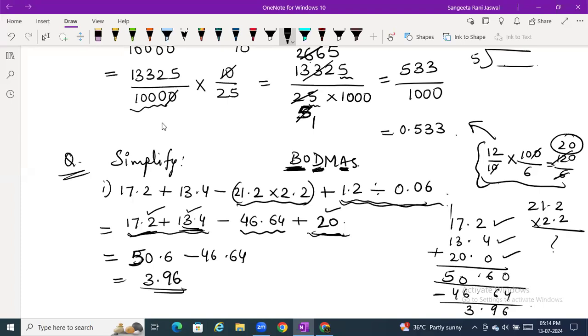Okay, so you write 50.60, then you have this subtract. The next step is to subtract 46.64 from this, and you get 3.96. This is the subtraction. You get it? Yes, ma'am. Now you understood this? Yes, ma'am. Good. So please practice this.